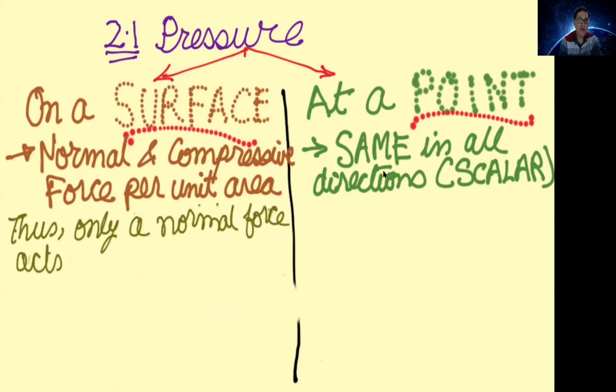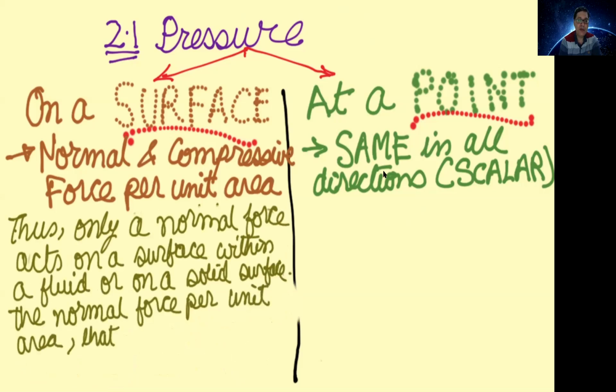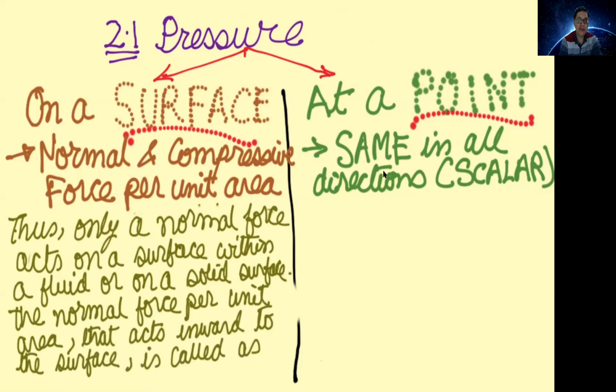Thus only a normal force acts on a surface within a fluid or on a solid surface. The normal force per unit area, note that it acts inward to the surface, and we call that inward force a compressive force.